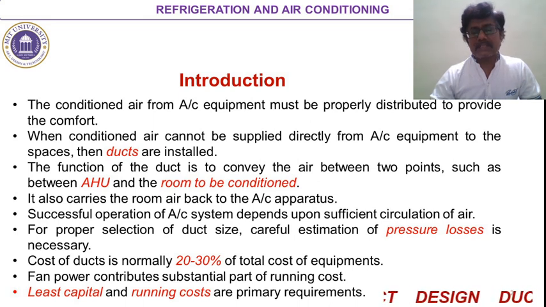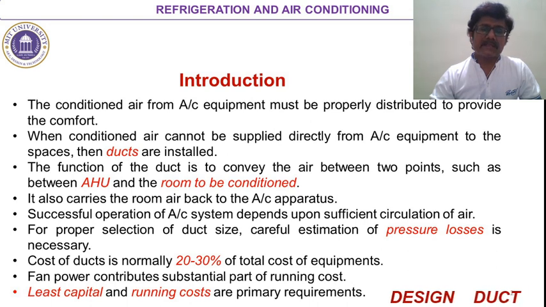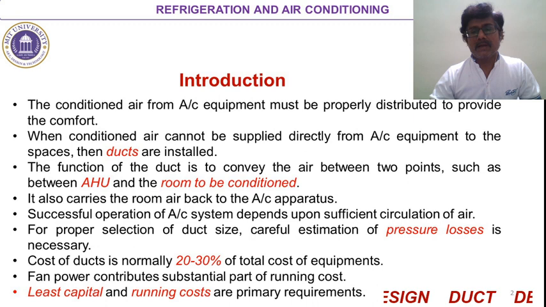So in such commercial applications, we normally condition the air at some central location, at some suitable place, and then this conditioned air is carried, transferred to the space or the region that needs to be air conditioned.